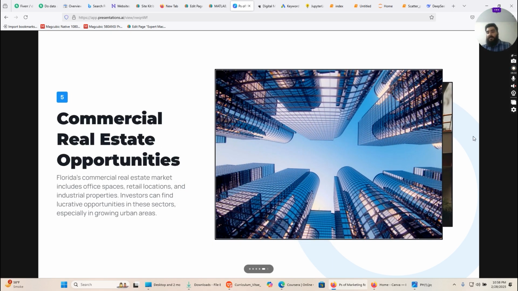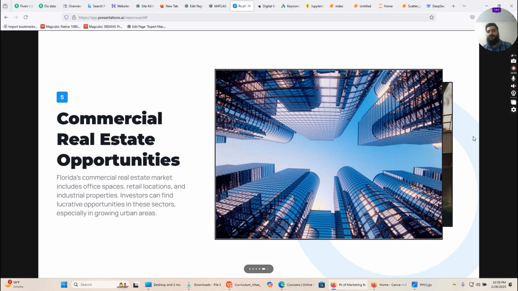Now let's talk about another product or feature that is called commercial real estate opportunities. The Florida commercial real estate market includes office spaces, retail locations, and industrial properties. Investors can find lucrative opportunities in these sectors, especially in growing urban areas. So yes, we know that Florida is also an urban state, so it has a commercial real estate structure as well.